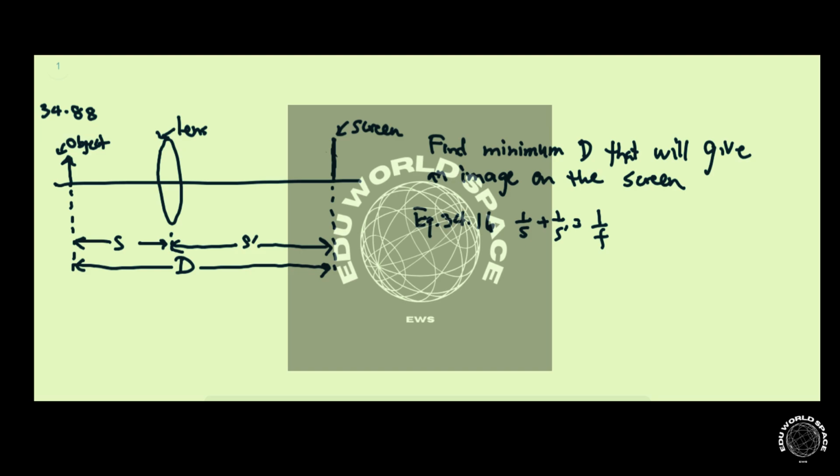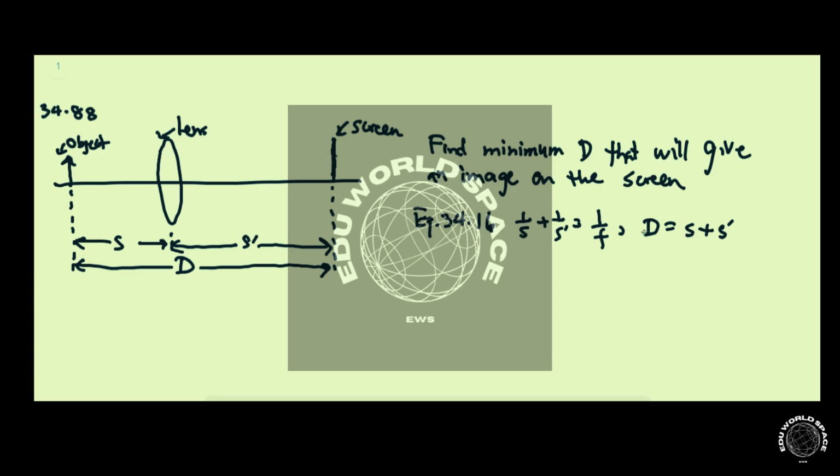And we also know that d is equal to s plus s prime. So the goal in this approach is to find d in terms of just s and f, so we can eliminate s prime, and then we can minimize d.